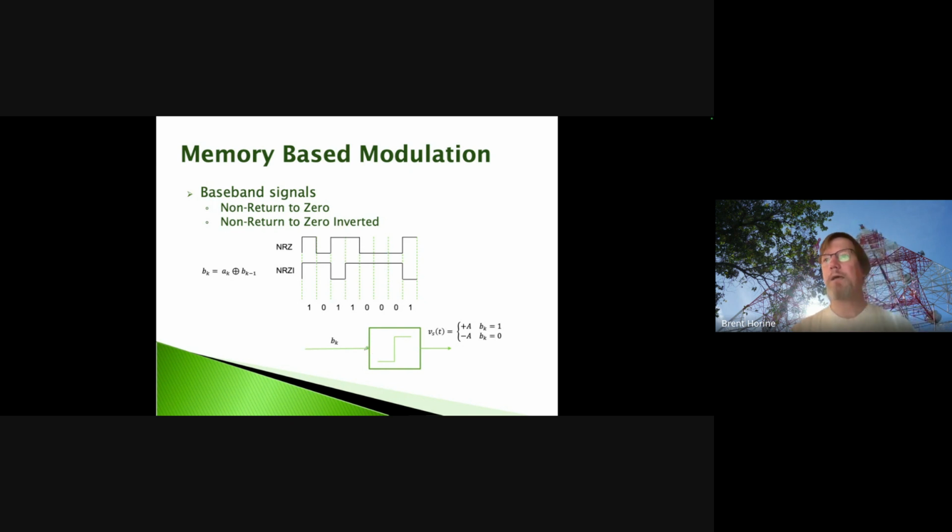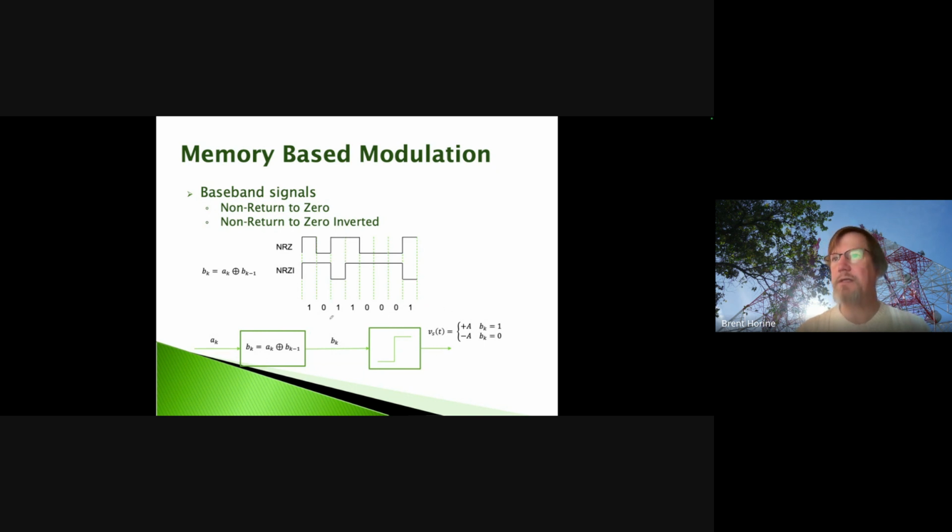But instead of just doing that based upon our input bits, we're going to apply our input bits as this A of K and go through this exclusive OR type operation, or this transition thing, to actually get the symbols that we're going to send, right?